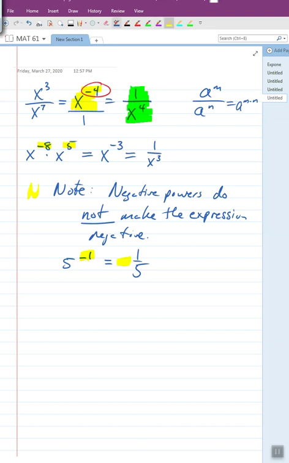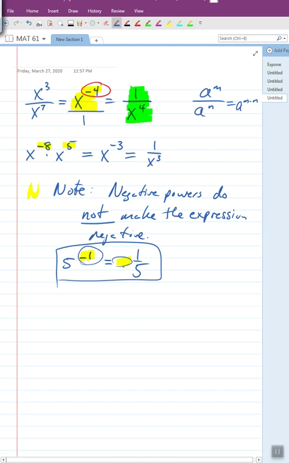Now, just to be clear here, it does end up actually being negative 1/2 because there was a negative in the problem. But I'm glad you said that because this is a pretty common mistake, thinking that that negative exponent has something to do with the sign of the answer.